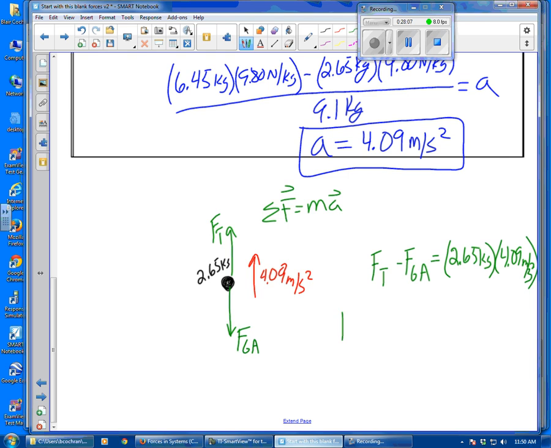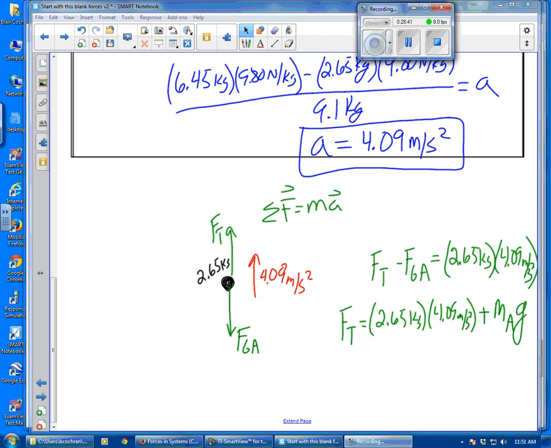So FT will equal 2.65 kilograms times 4.09 meters per second squared, plus, oh, that's the weight, so that would be M times G.